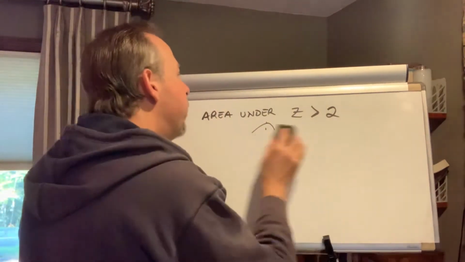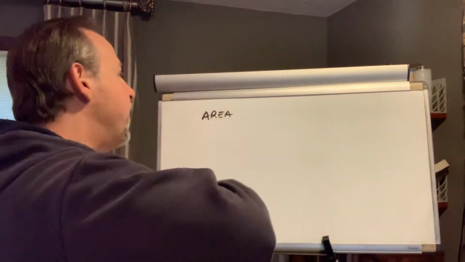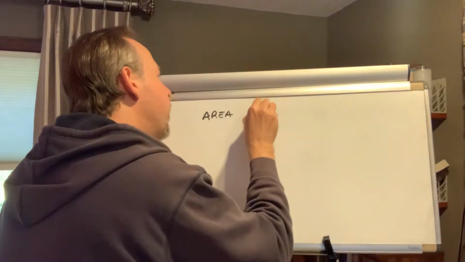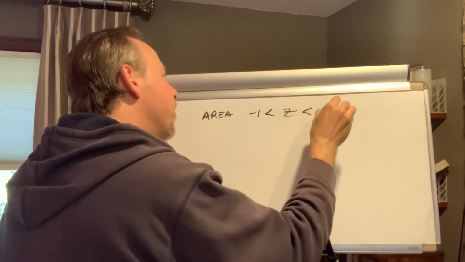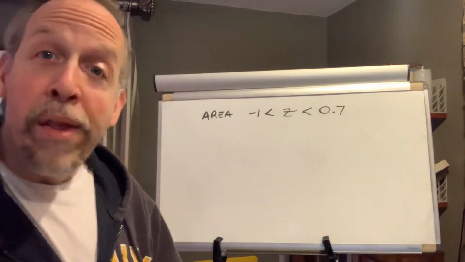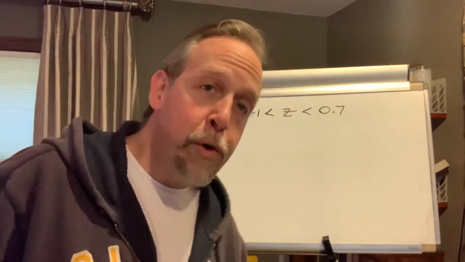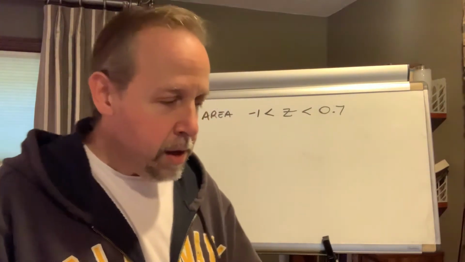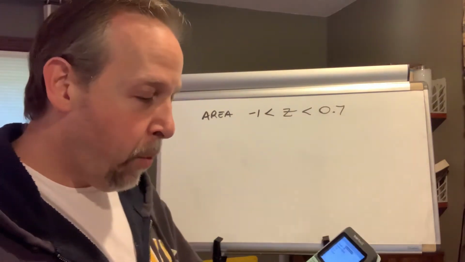Okay, what if I want to find the area between negative 1 and positive 0.7? Well, now I have two boundaries. I have a lower and an upper boundary. So there's no boundlessness here. Again, second vars 2. The lower bound is negative 1.